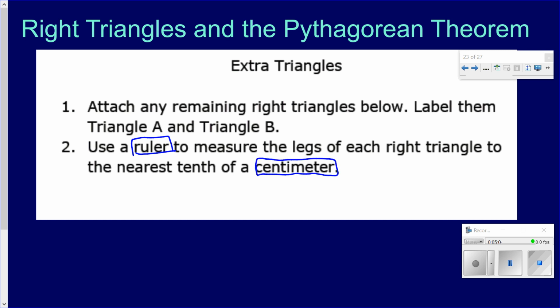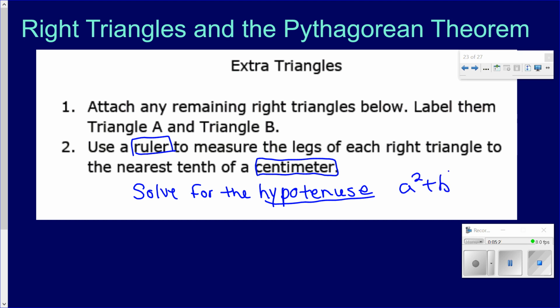So you're going to measure the legs and then you're going to solve for the hypotenuse. And of course, if you like, you can always measure your hypotenuse and check your work to see if you came up with the correct length for your hypotenuse from your Pythagorean theorem of a squared plus b squared equals c squared.